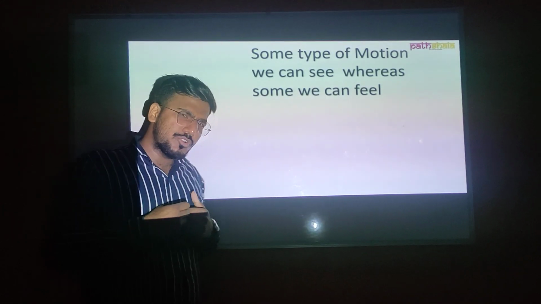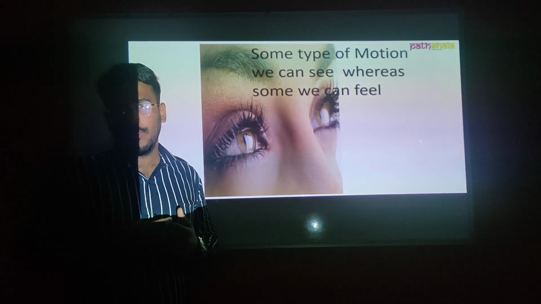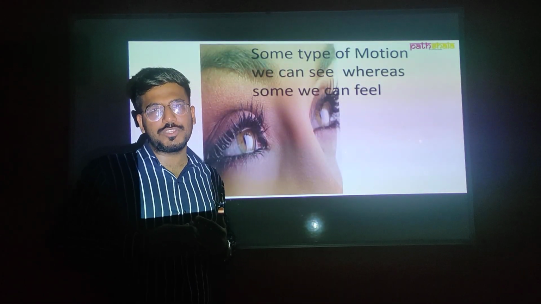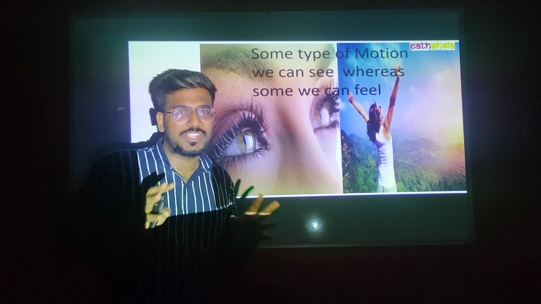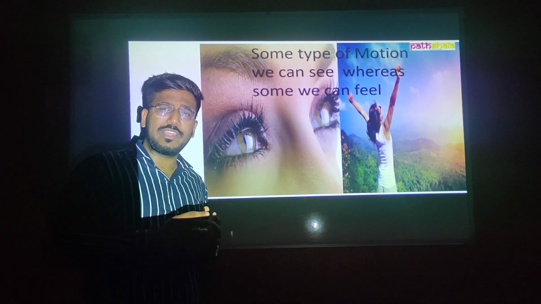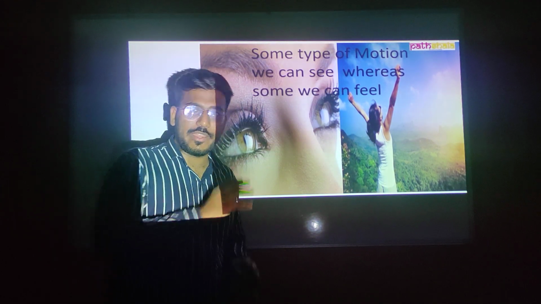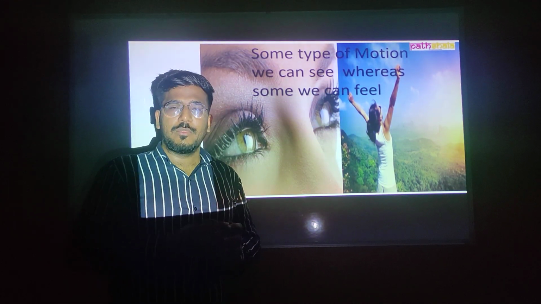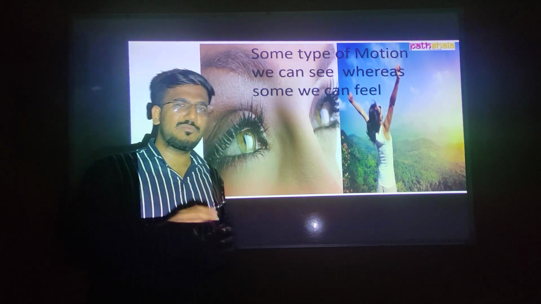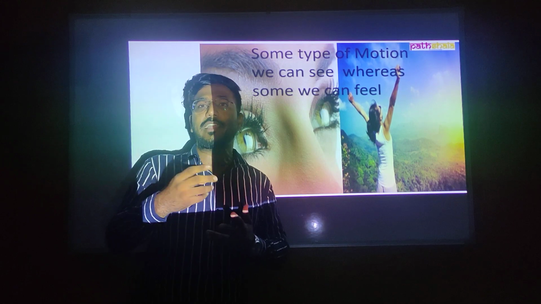Next is, some types of motion we can actually see or perceive, but some types of motion we can only feel. We cannot see that motion. Till now we have seen examples which we can see, such as the car moving, the train running, the water flowing, and the motion of the hands of the clock. Let's see some more examples where we cannot see the motion but we can actually feel it.